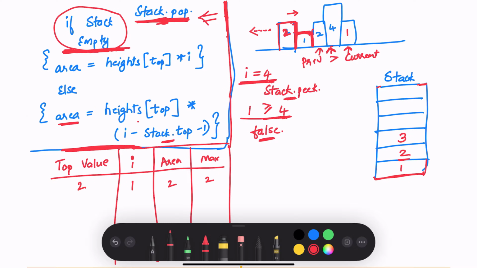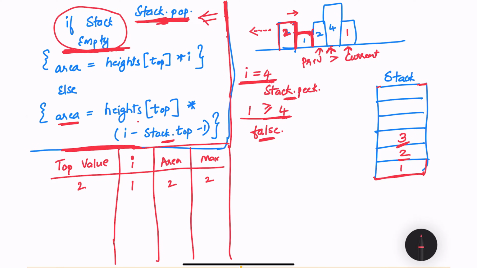And based on this formula, we need to pop out the last value, which is index 3, and its corresponding value is 4. My I is 4. So after removing 3, is my stack empty? No, so we will go inside the else condition. So the formula would give us heights of top, which is 4, into I, which is 4 as well, minus stack dot top.